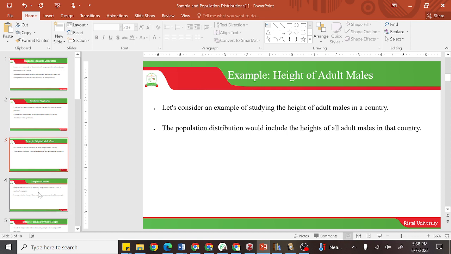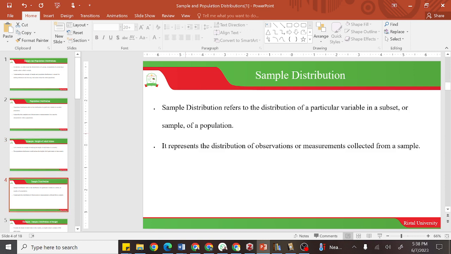Okay, now let's look at the concept of sample distribution. So instead of us taking measurements for everyone who is staying in monarchy, we choose a few people, or we select a few people who become our samples, and then we take their heights and then get the average height, and then we say that the average height in this particular study based on this sample for these people staying in monarchy is, let us say, 2 meters.